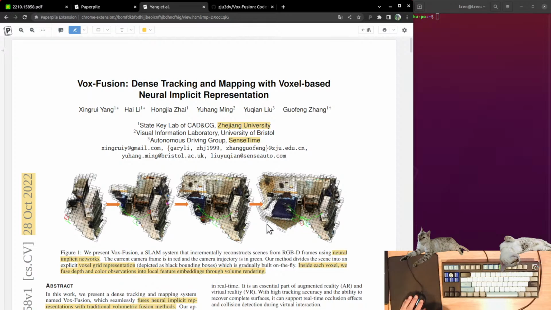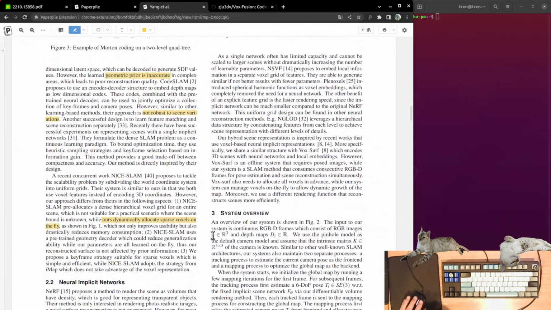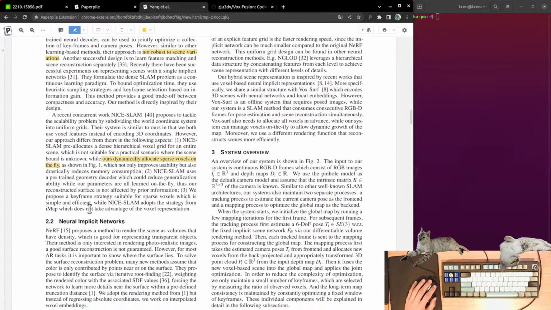So this dynamic allocation of voxels is something that they say reduces memory consumption. We'll see exactly what they're doing. Okay, little NeRF paper reference here.